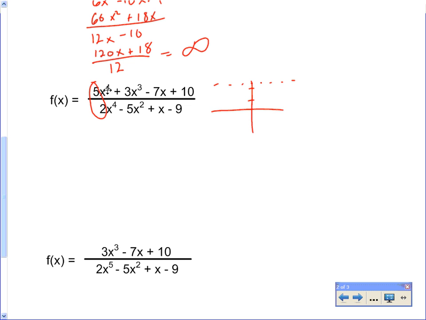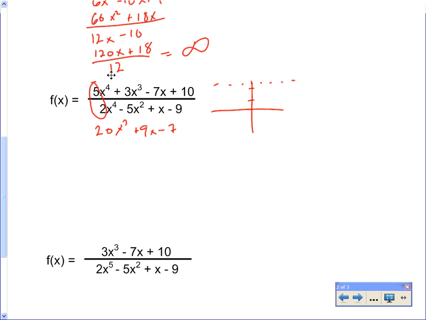So using L'Hopital's rule, we're going to see the same thing. If I put infinity in, I'd have infinity over infinity, take the derivative, and I'd get 20x cubed plus 9x minus 7.